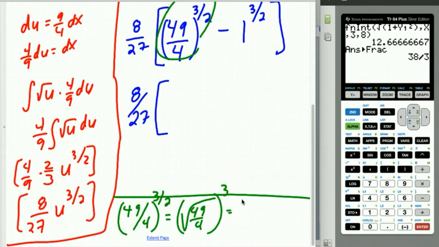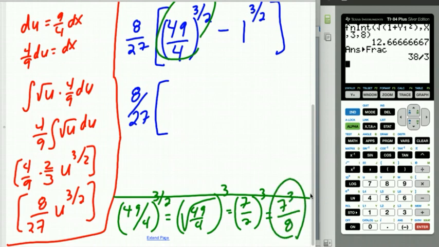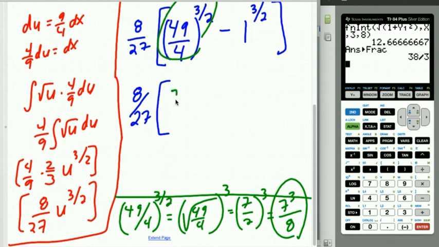Well, that's going to end up being a 7/2 cubed, right? Which is not super fun, but I'm going to end up with a 7 cubed, which is probably 343. Either way, I'm going to leave it as a 7 cubed over 8 for right now, and we'll deal with 7 cubed in a minute. So I'm going to leave it as 7 cubed over 8 minus a 1, right?